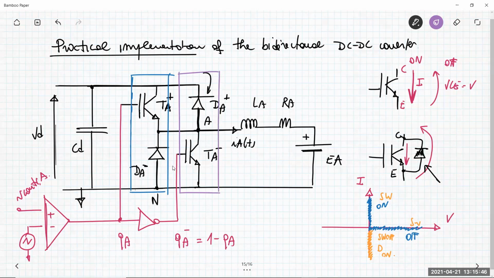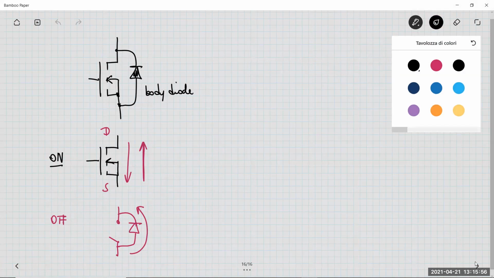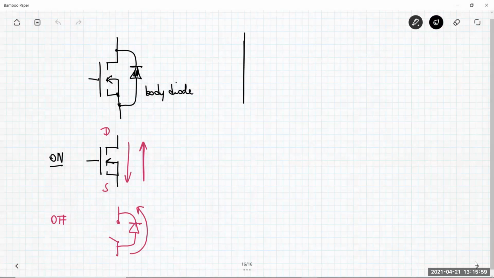So let me discuss this circuit a little bit, for example considering four different situations. Basically, there are two situations, but then we can mix up what happens in four different cases. The first one, situation number 1, is this.